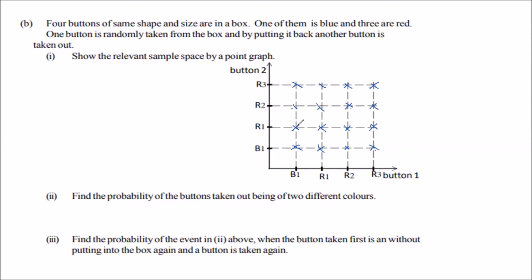Then next one, first one blue, second one red. Different colors. First one blue, second one red. Different. Here also, first one red, second one blue. But in the other three events, both buttons are red. Here also, first one red, second one blue.